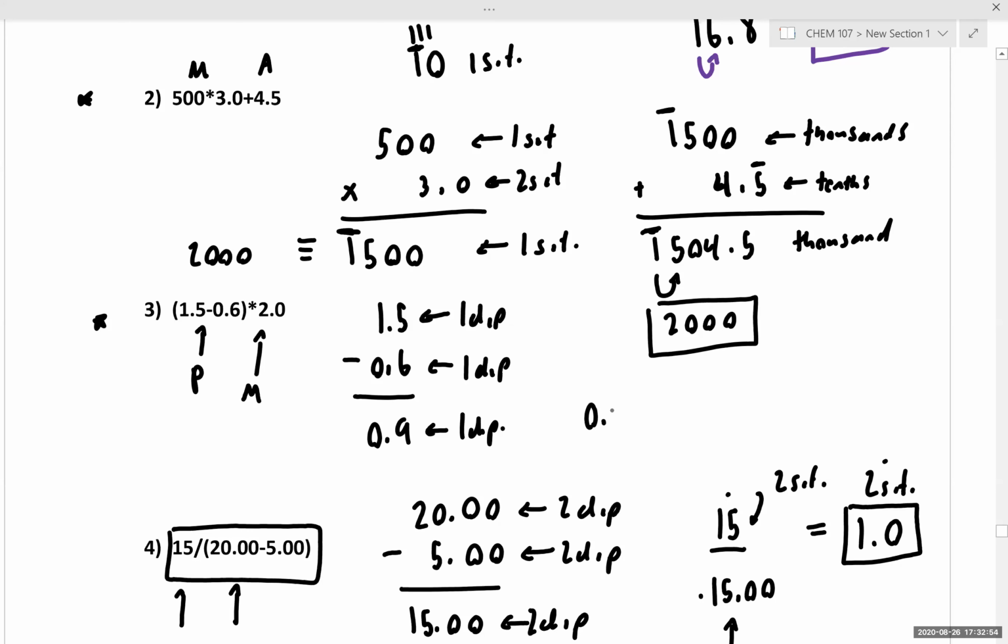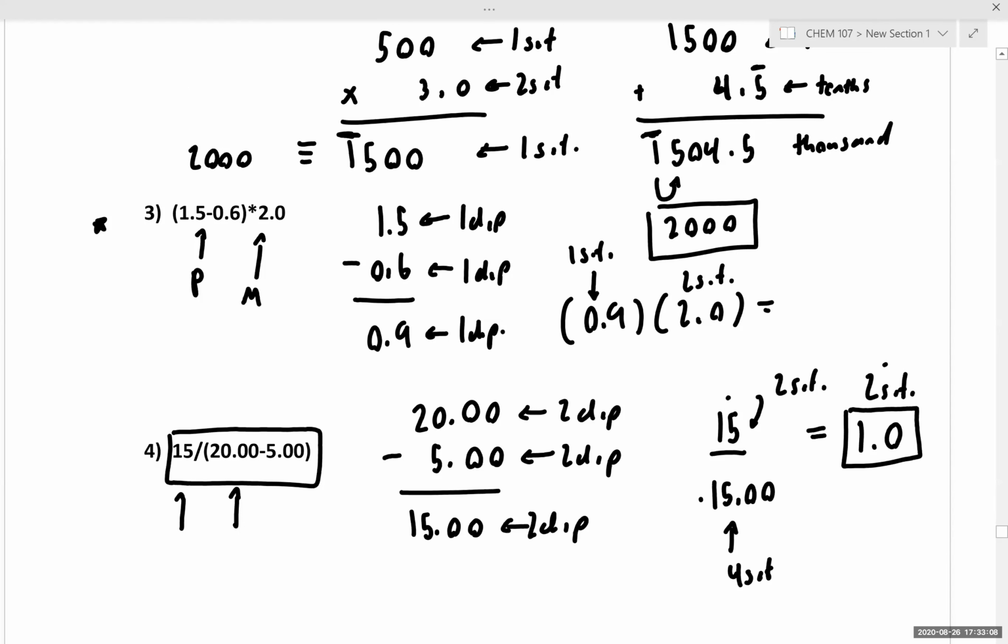We then take 0.9 times 2.0. As you see, 0.9 has 1 sig fig, 2.0 has 2 sig figs. So then, for our final answer, when we get 1.8, we need to round 1.8 to 1 sig fig. We look to the right, we round 1.8 to just 2. Not 2.0, just 2, because 2 has 1 significant figure.